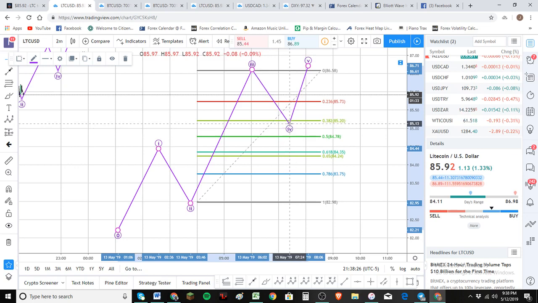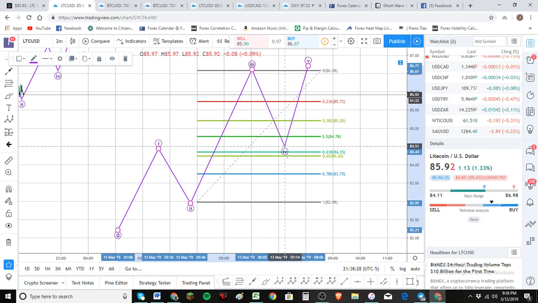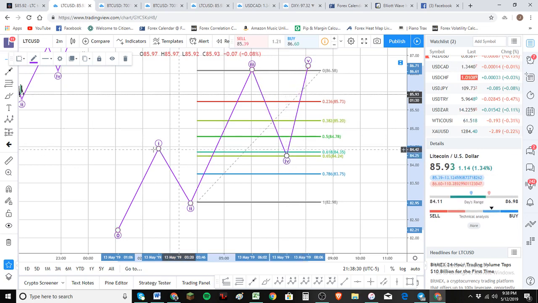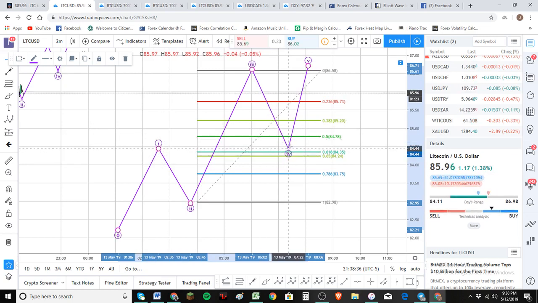What you'll notice is that the 4 wave never retraces into the level of wave 1, and if it does, it'll only wick through it quickly. It should be just a wick, but it generally shouldn't come into the top of wave 1. So it should stay at 50% to 382. Now, I'll show you something.